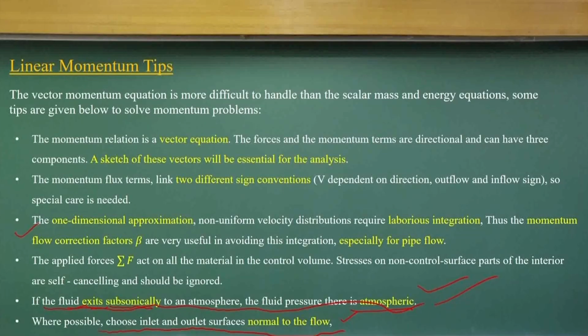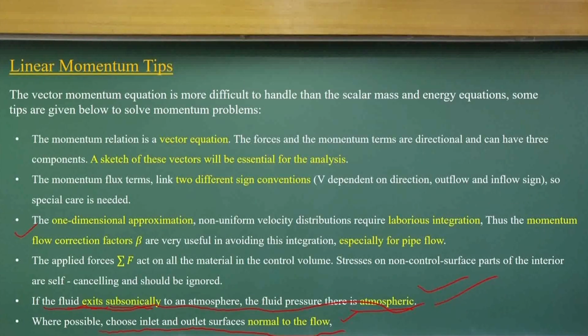The fourth point, which I again have to repeat: in real-life problems the velocity distribution is not uniform. There is always a velocity distribution from the free surface to the surface of contact.